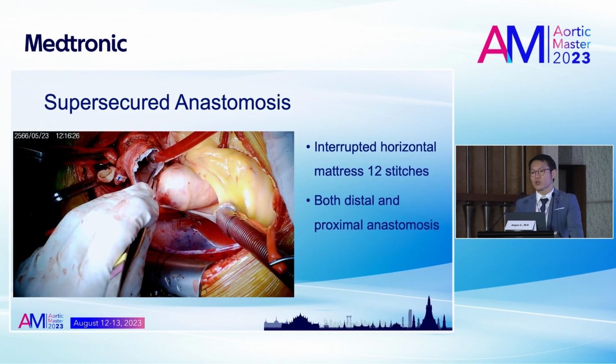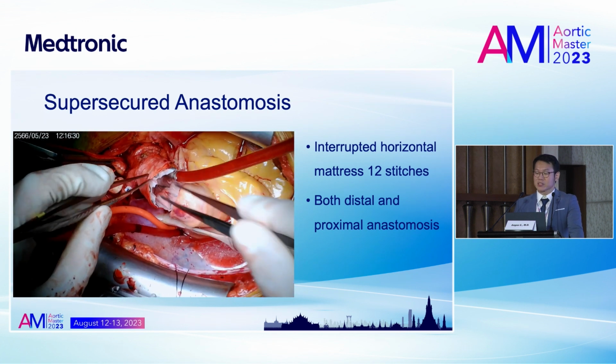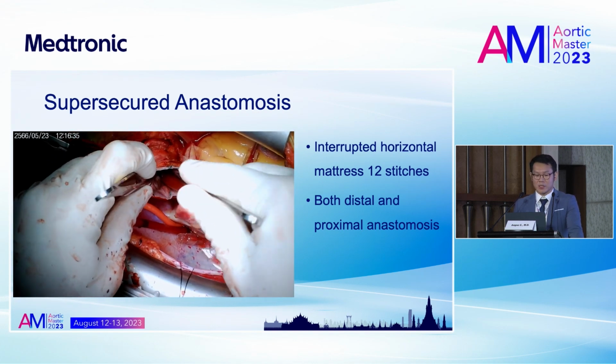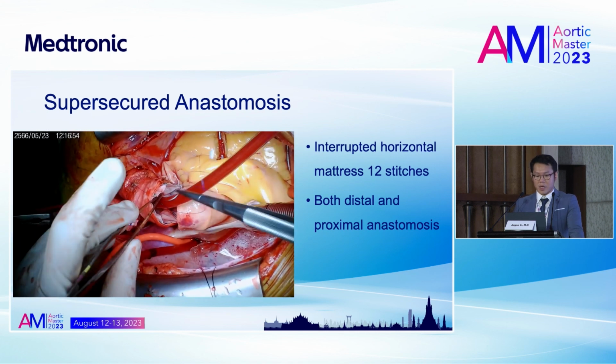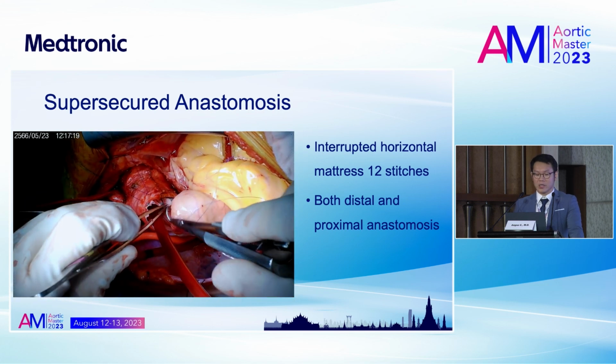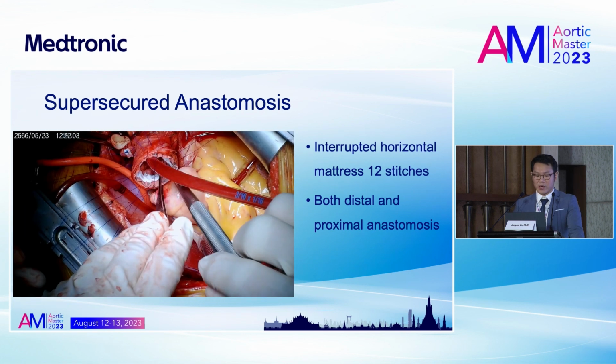So at this time, I would like to show you how I do the anastomosis in the frozen elephant trunk technique. Maybe I will call this a super secure anastomosis technique, because after I use this technique, there is no bleeding at the anastomosis. So I normally start by adjusting the stent graft to the same level as the aorta and start to do the anastomosis with interrupted sutures, with the pledgets going inside our anastomosis.